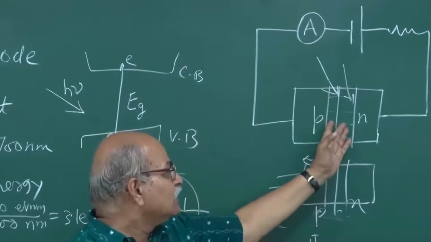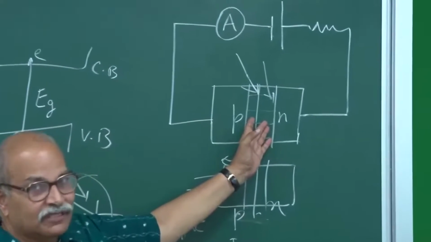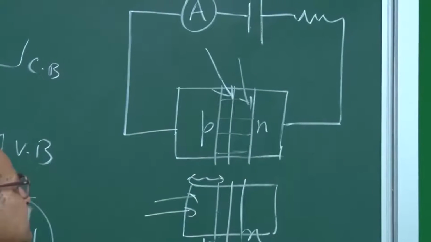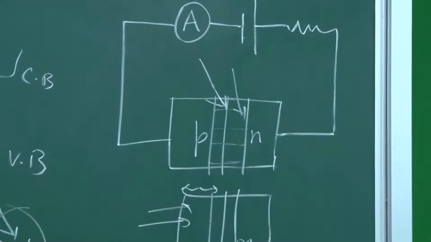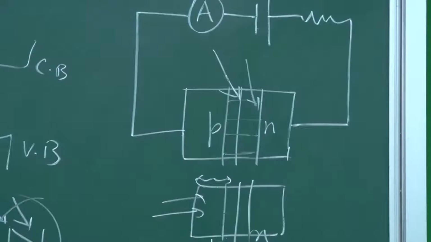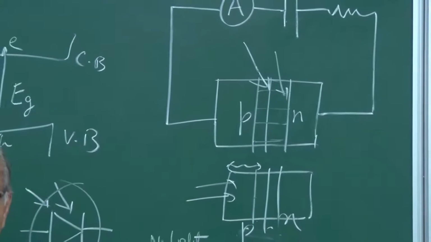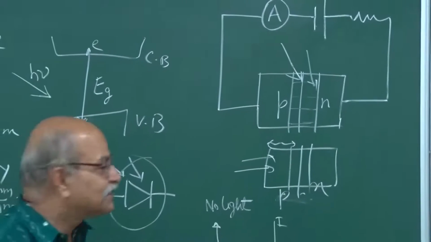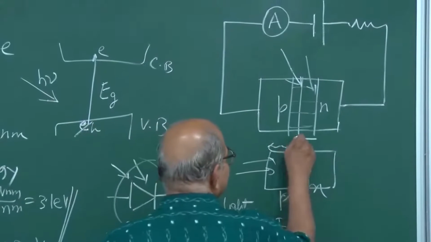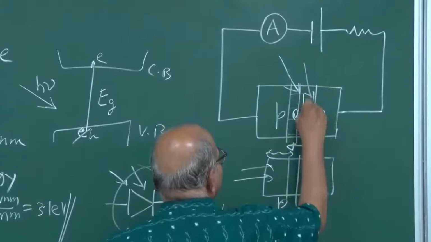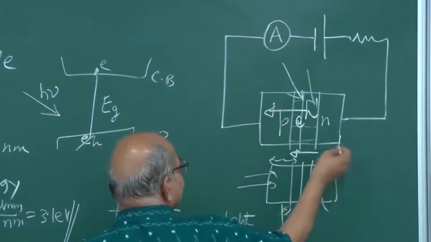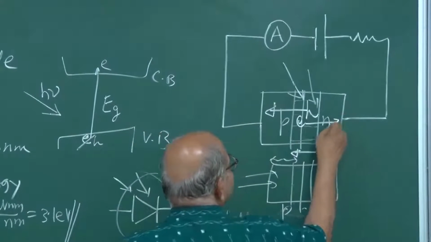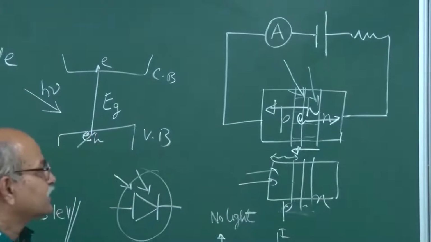So any electron hole pair which is produced here, because of this reverse bias, you have a large field, and that field will drift both kinds of carriers. So the field is in this direction. If an electron hole pair is produced here, the hole is promptly swept in this direction, and the electron is promptly swept in this direction.